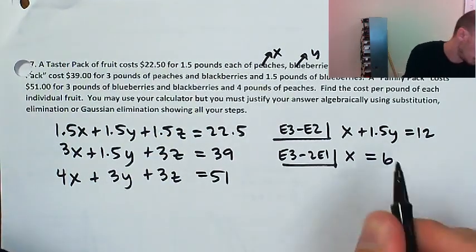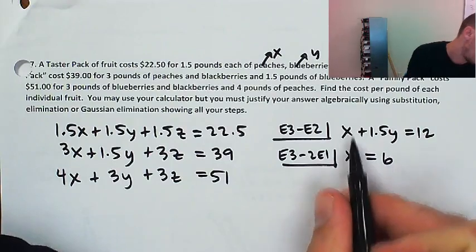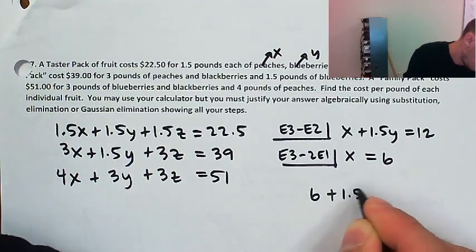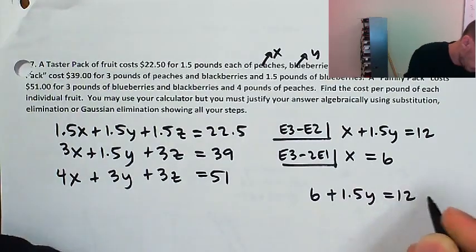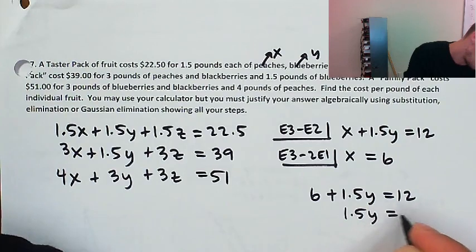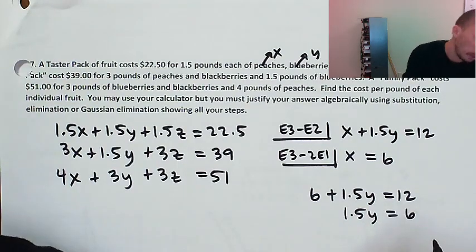Okay, good for us. Lucky for us, really, right? Because now I'm just going to substitute over here and say 6 plus 1.5y equals 12. Okay, I'm going to subtract 6 from both sides, and I'll get 1.5y equals 6.